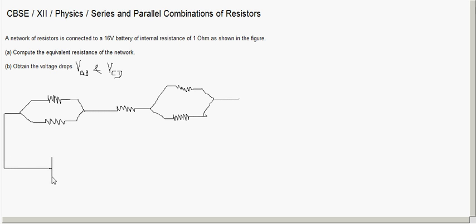A 16 volt battery with internal resistance 1 ohm, then 4 ohm in parallel with 4 ohm, and then we have 1 ohm here, then again 12 ohm and 6 ohm.